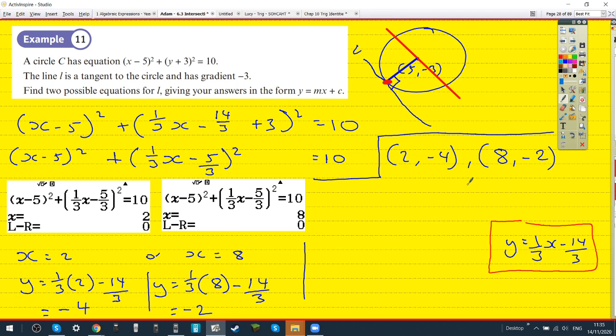And so how do we get the two possible equations of the tangent? So could you write it out as minus 4 equals 2m plus c? Would that not work? And what is m? 1 over 3. Yeah.